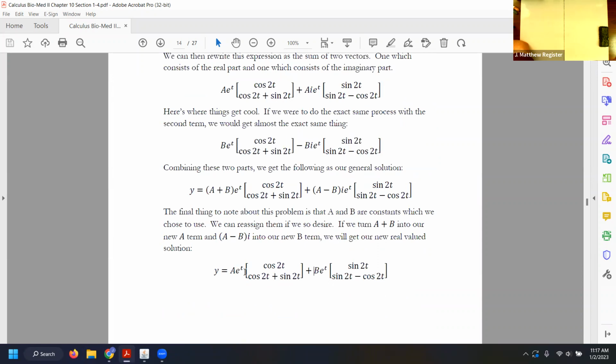And we will have it where it is this one, which is dealing with the cosine of 2t plus sine of 2t, the real component of it. And then this term, which was the imaginary component of it. But the imaginary number i just gets absorbed by the b. And so we don't have to worry about it anymore. This is now the general solution for the problem.